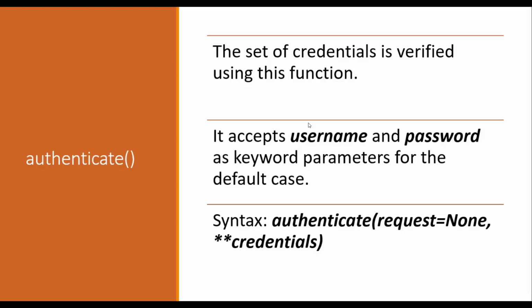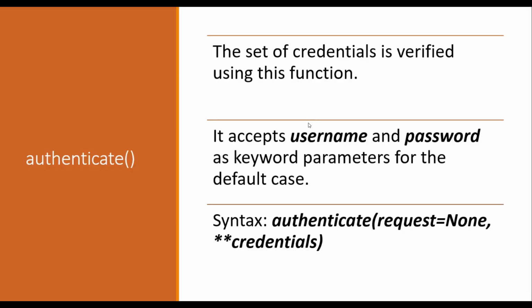The set of credentials are verified using this function. It accepts username and password as keyword parameters for the default case, and if the credentials are accepted by the backend, each authentication backend is checked against them, and then a user object is returned. The syntax is authenticate, and in parentheses we pass the keyword argument request, which has a value of None, then the credentials.